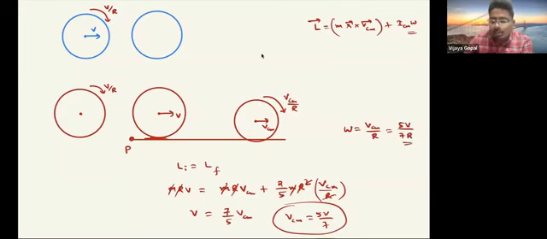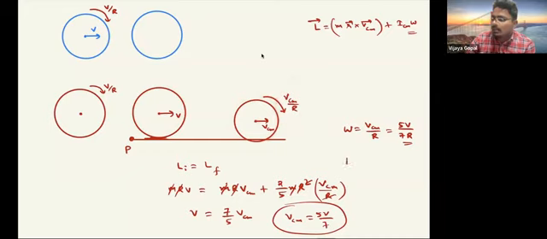Once we get omega, what are they asking in the question? They're asking us to find the net angular impulse about its center. Initial angular momentum about the center is zero because of no rotation. But after that, the angular momentum it got is ICM into omega.